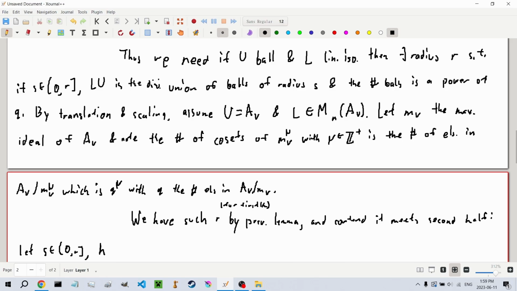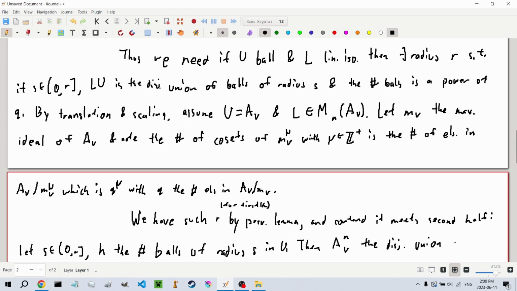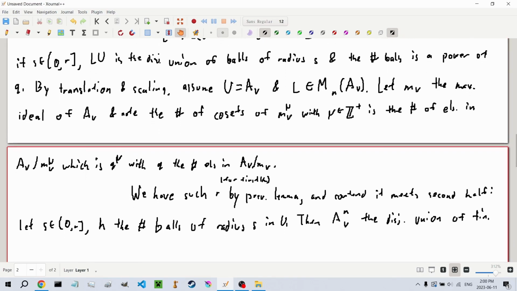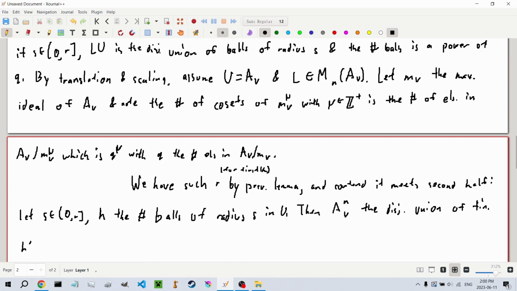Let H be the number of balls of radius s in U. Then A nu to the n is the disjoint union of a finite number, called h prime, of translates.